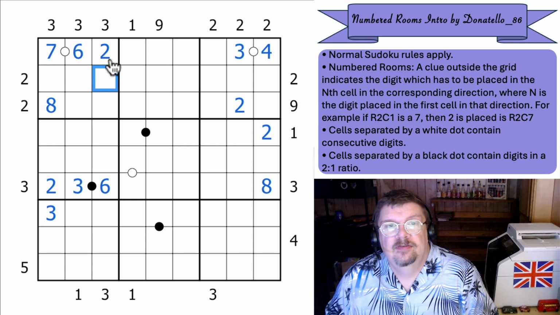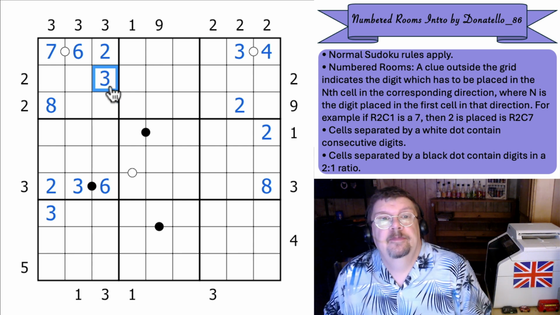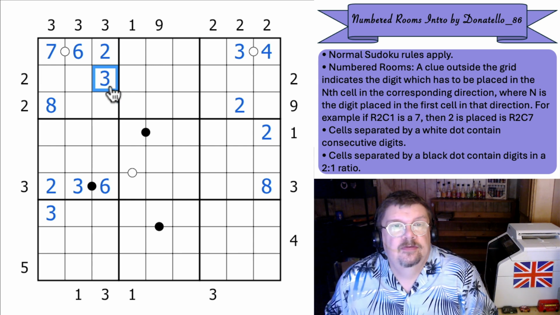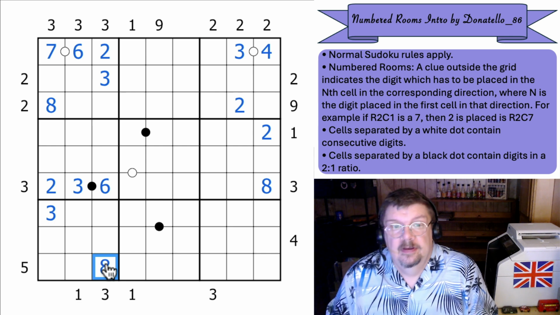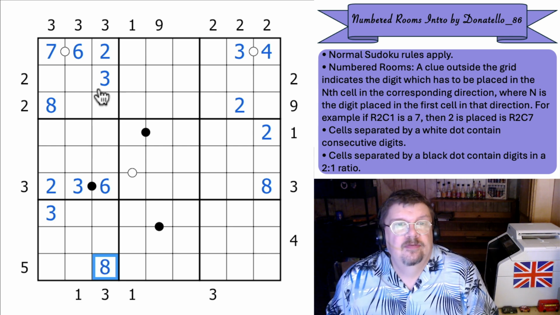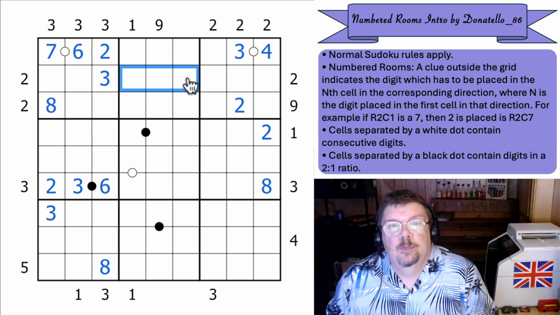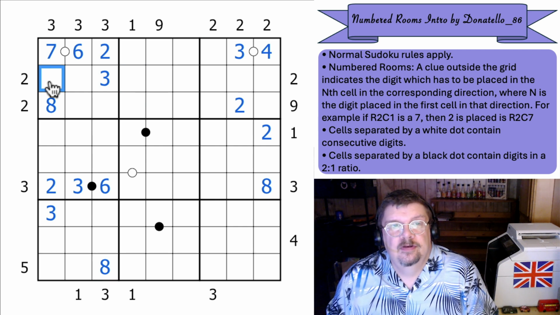That means that this is a 3 to be the second cell from the clue. And we've got a 3 down here, and so these two need to add to 10. That is 8, and we can count up just to verify that that is indeed 8. Okay, we now have a 2 in one of those 3, which is going to make this 4, 5, or 6, but it can't be 6.